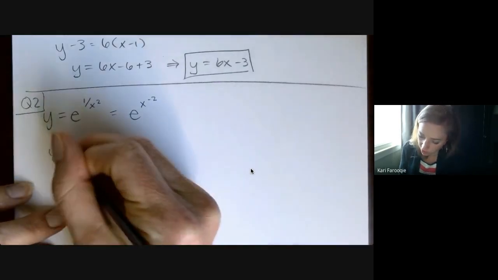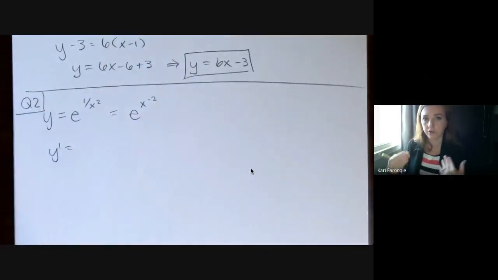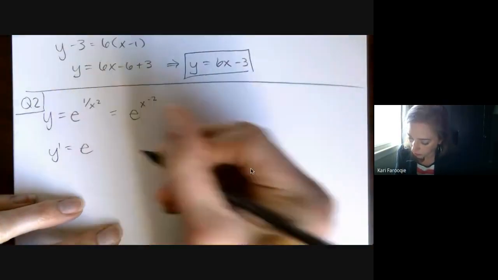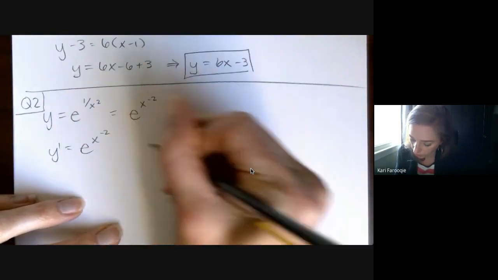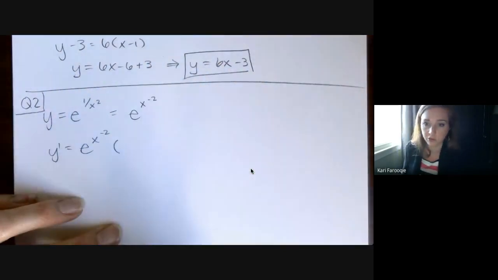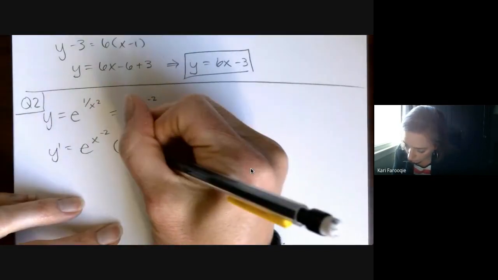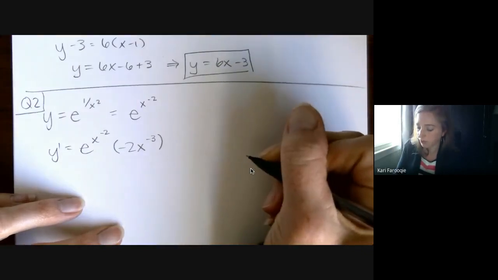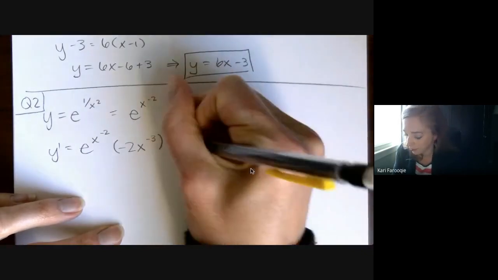And then when you take the derivative, you're going to have y equals e to the u of x, so you're going to use the chain rule. The derivative is going to be e to the u of x times u prime. So you're going to take e to the x to the negative second power and multiply it by the derivative of x to the negative second power, so negative 2x to the negative 3.